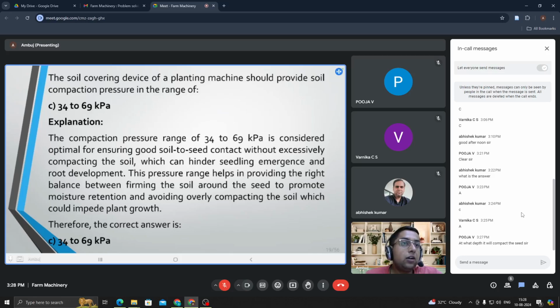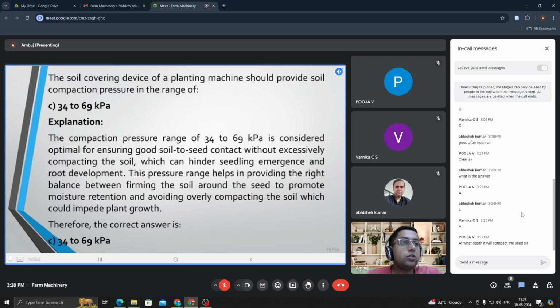The covering device in a mechanical planter decides the compaction pressure on the seed. But in a pneumatic planter, the adjustment is through a particular valve, a needle valve. By adjusting that valve, we can adjust the flow of air. So this adjustment is there in both the mechanical planter as well as the pneumatic planter.